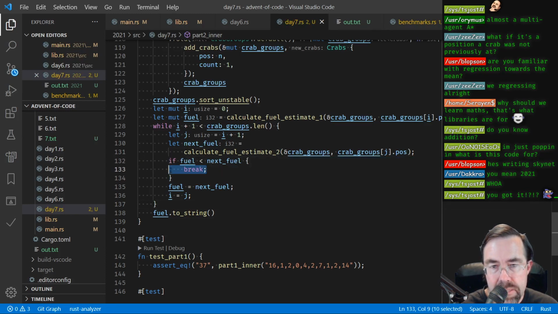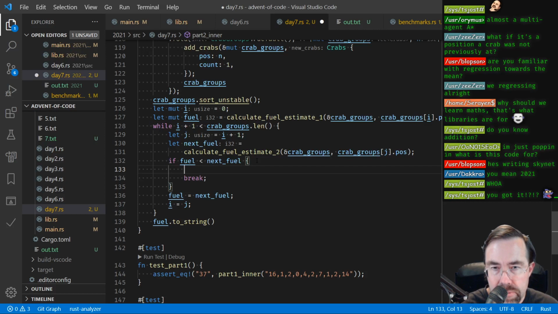And then when we find this dip, we can't just break, right? We need to find the line between those two. So we'll have another level here. And we can start at i again. No, let's start at actual position, which is crab groups i position.